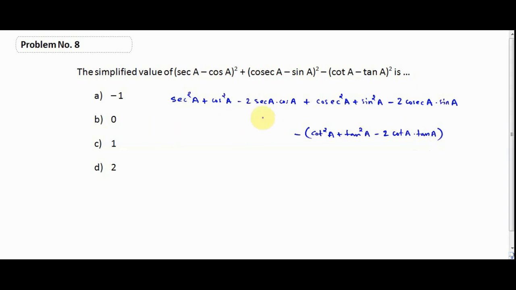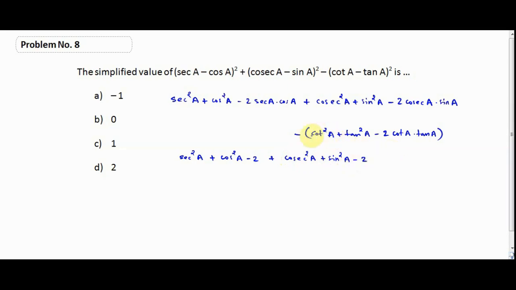So let's try to simplify this. We will get it as sec square A plus cos square A minus 2 plus cosec square A plus sine square A minus 2.